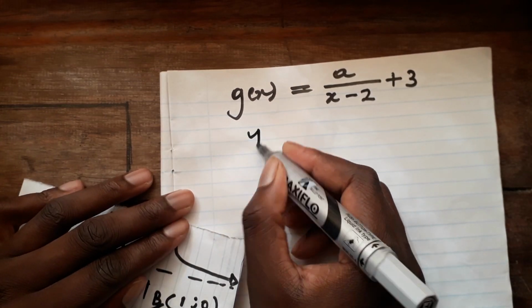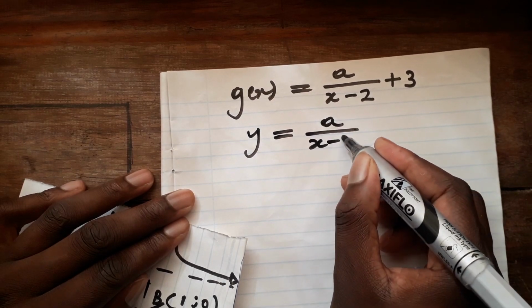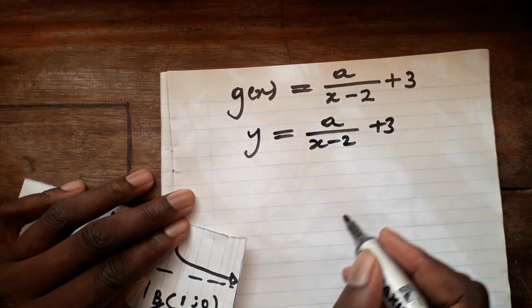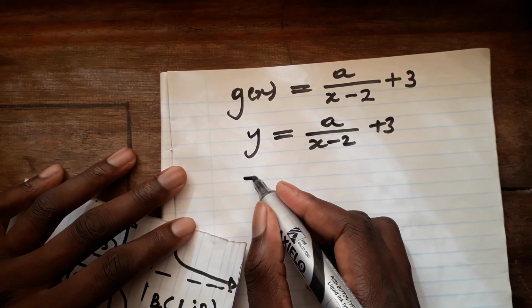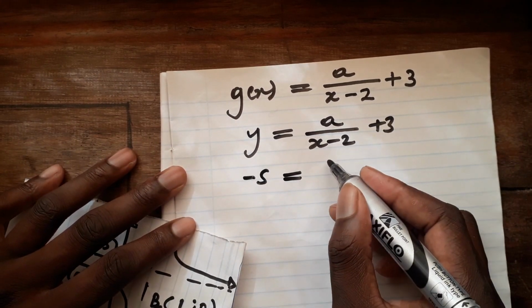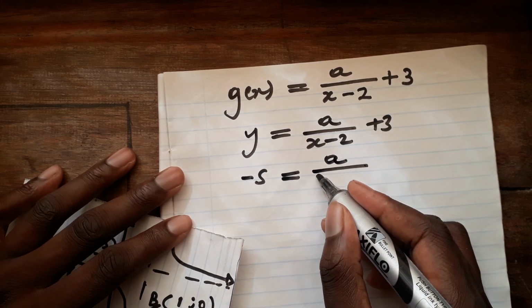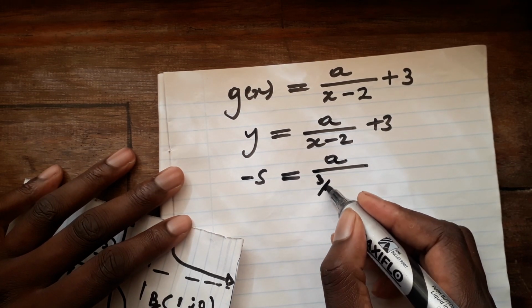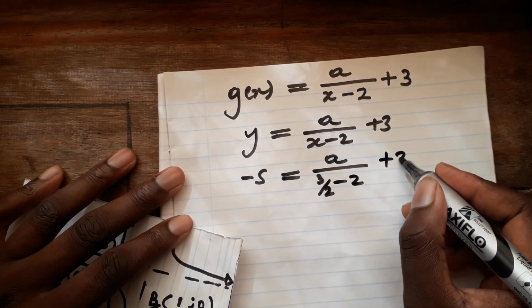So this is y equals a divided by x minus 2 plus 3, and then we substitute the value of y, which is -5, equals a divided by x, which is 3/2 minus 2, plus 3.